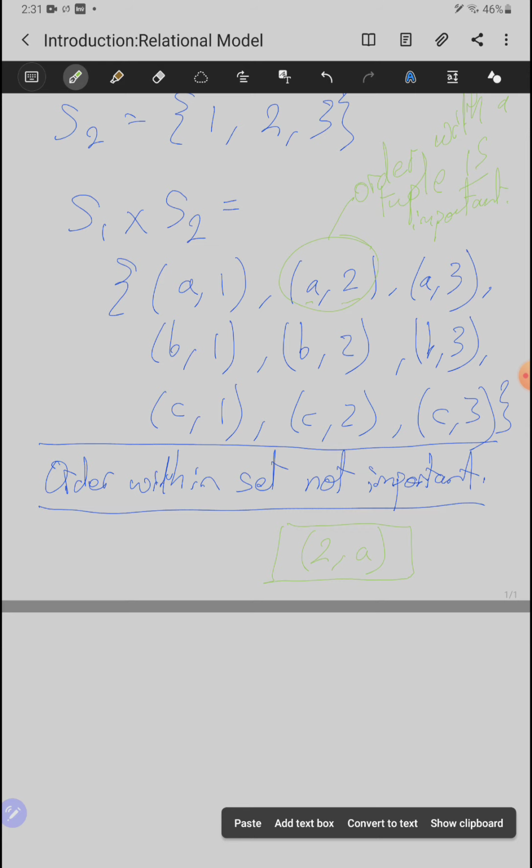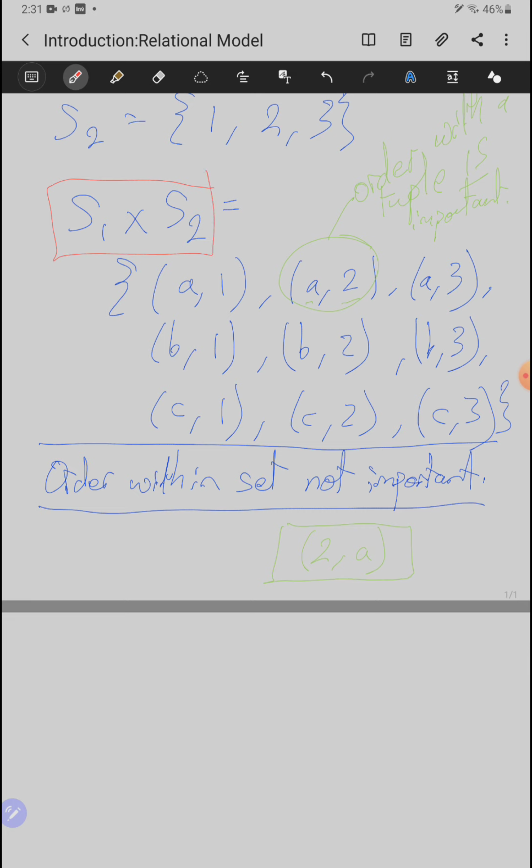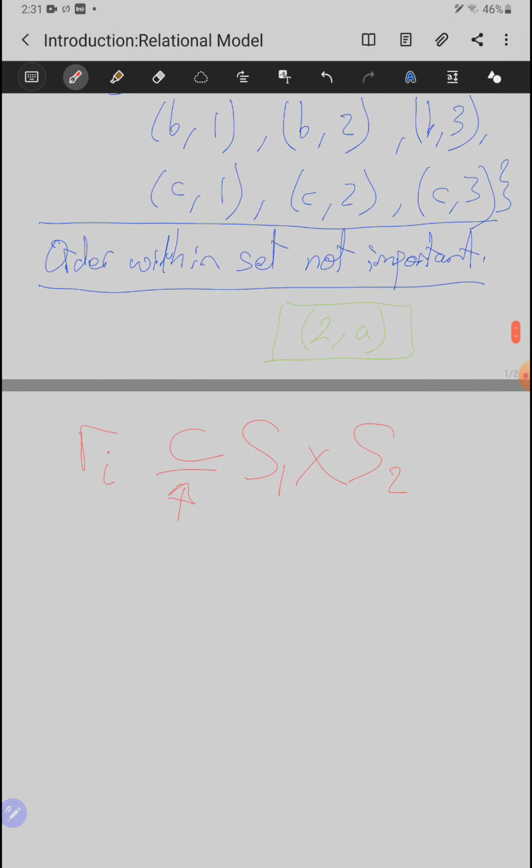Now this, as I described it, is the cross product of the sets. But that isn't a relation. Any relation R, let's call it Ri, is a subset of the cross product. Now notice, it's not a proper subset. It could include all of the elements, or it could include some of the elements.